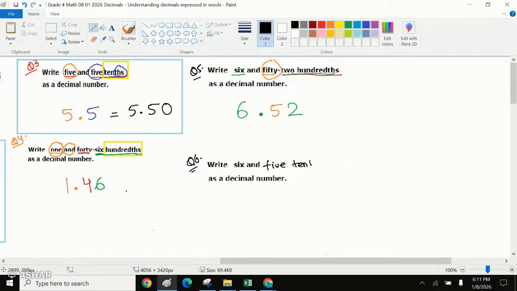tenths. So our focus over here is on this number. It says tenths, it says hundreds. If it's saying hundreds, that means it's the second decimal place. If it's saying tens, it means it's the first decimal place, right? So can we write this as 6.5 tenths, right? 6.5.